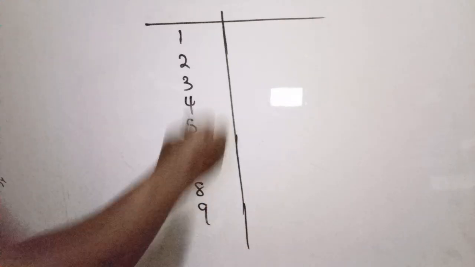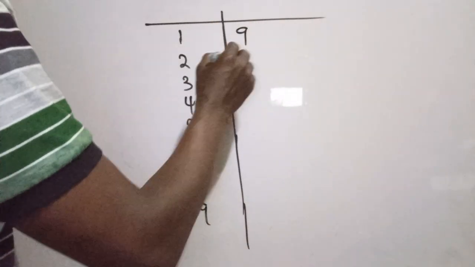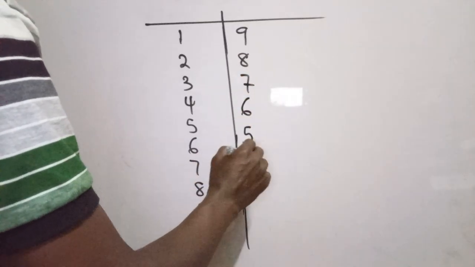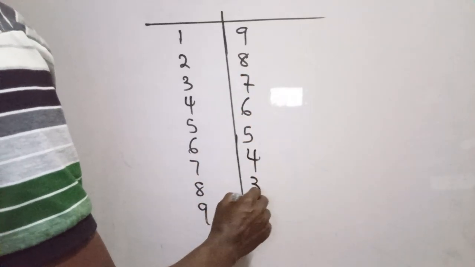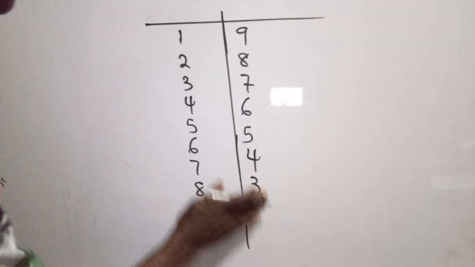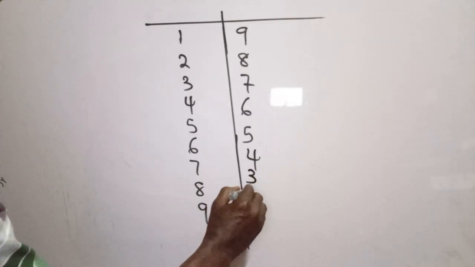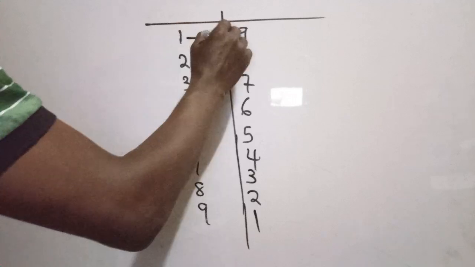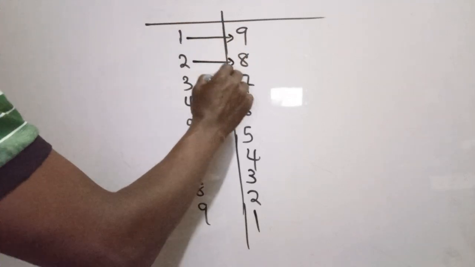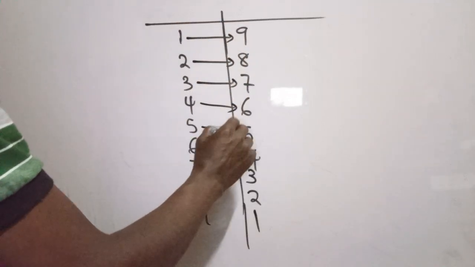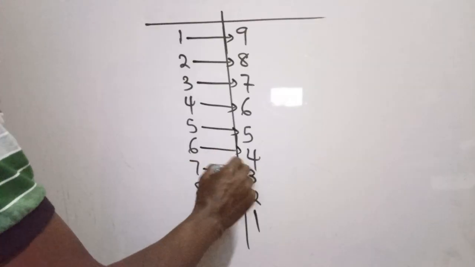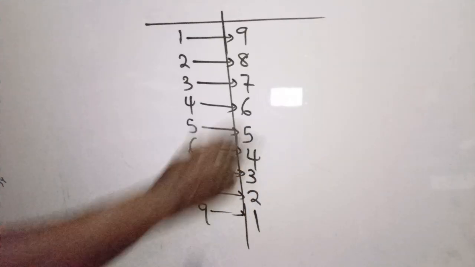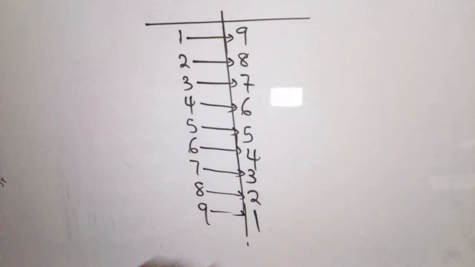So this will be 9, this will be 8, this will be 7, 6, 5, 4, 3, 2, and 1. So what I mean by this mapping is, look at all the numbers given.